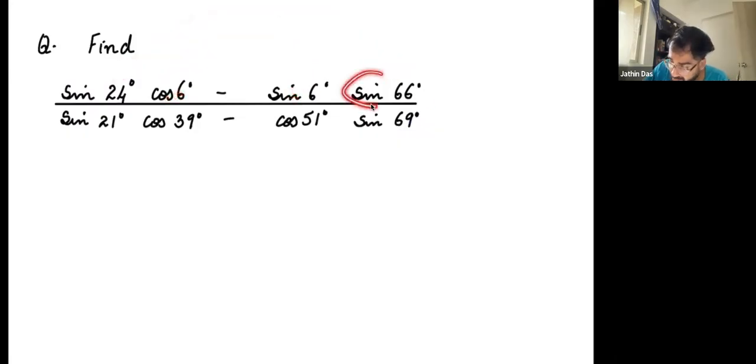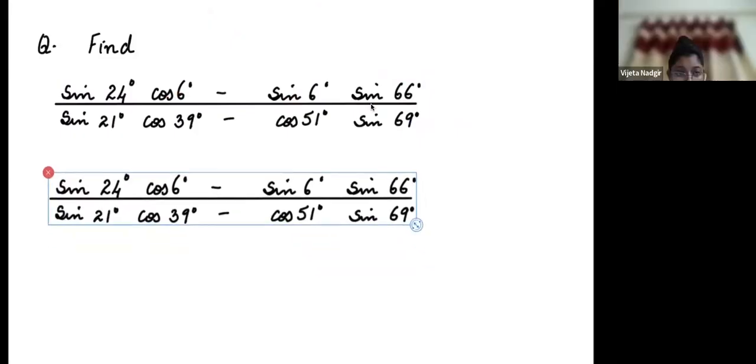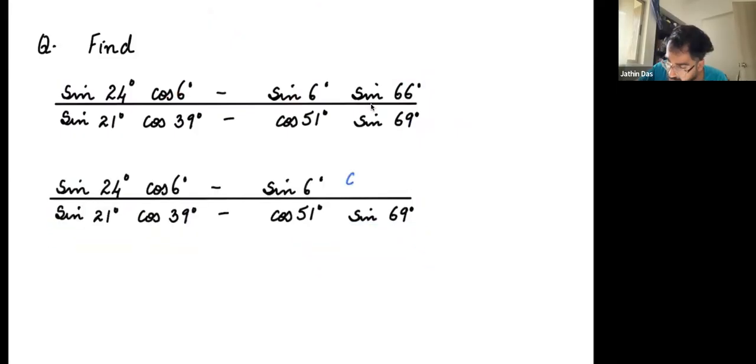But here you are getting sine 66, which is a problem. So what will I do to that sine 66? You can write it as cos 90 minus 24, sine 90 minus 24.